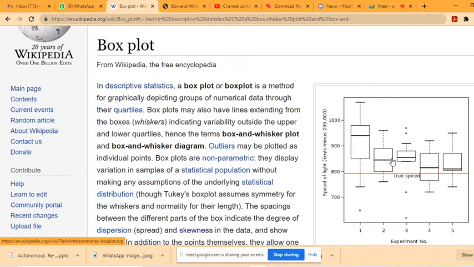You can see this is exactly the box plot. You can see several lines: one line here, one line here, and one line here, and one line here, and one line here. So there are 5 parallel lines.